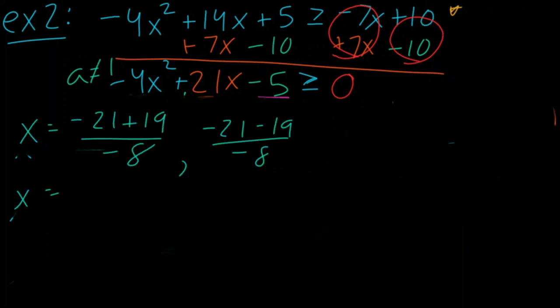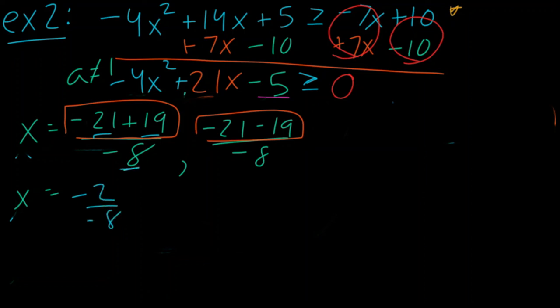Okay, so here we have these two sets of things, and so how in the world do you simplify this? Well, the first thing we want to do is go ahead and combine those two values on the top. So it'll look something like this. -21 plus 19 is really -2 over that -8, comma, and -21 minus 19 is really -40 over -8.